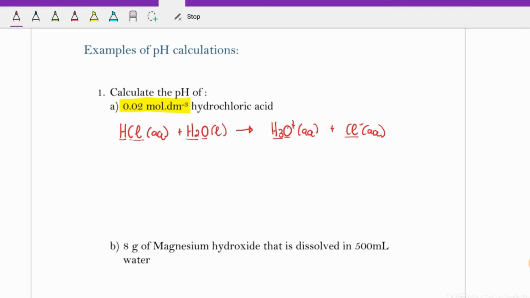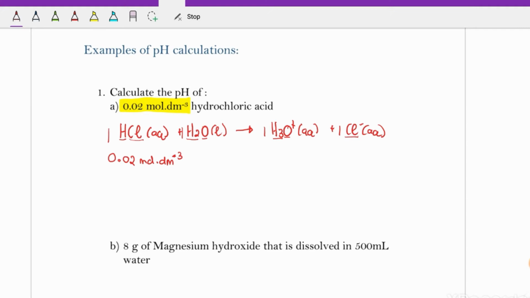Now you need to also then write down your molar ratios. So in other words, the ratio of this to that is 1 to 1 and 1 and 1. There's no other numbers in front of these molecules, which means that they react in a molar ratio of 1 to 1 with one another. So my concentration of hydrochloric acid is 0.02 moles per cubed decimeter.